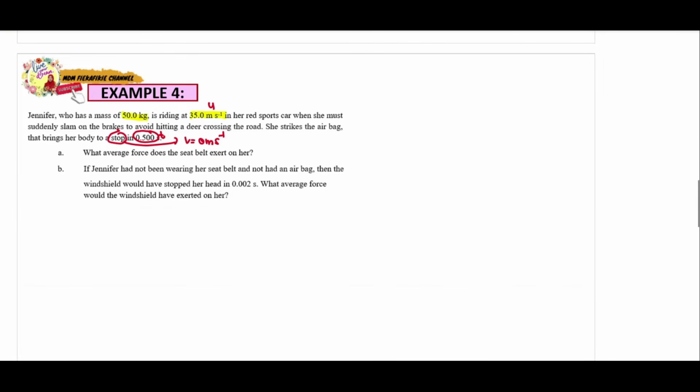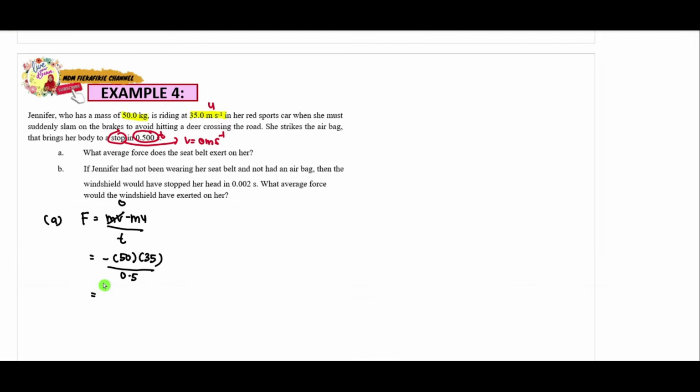Okay, so question A, we want to calculate what is the average force the seat belt exerts on her. So we can calculate by using this equation straightly, (mv minus mu) over T. Okay, so kita masukkanlah where m, since V is equal to 0, so negative, M is 50 kg, U is 35, over time is 0.5.